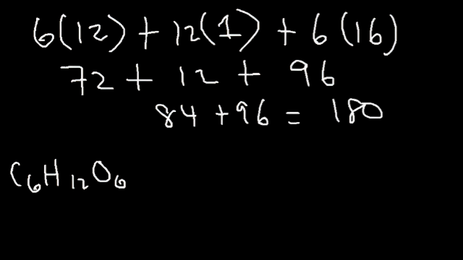So the molar mass of glucose is 180 grams per mole. So 1 mole of glucose has a mass of 180 grams. 2 moles of glucose has a mass of 360 grams. 3 moles of glucose has a mass of 540 grams. And you can see a pattern there.